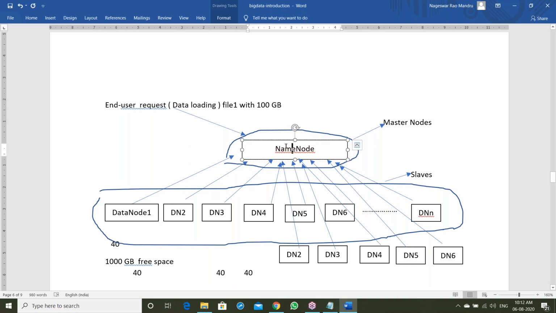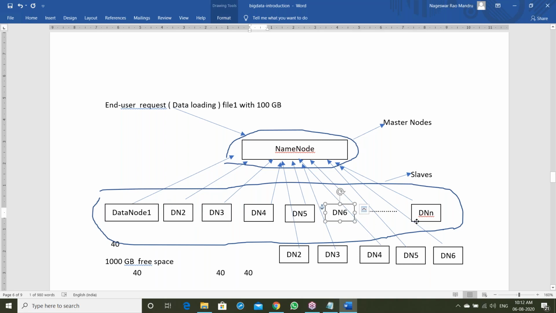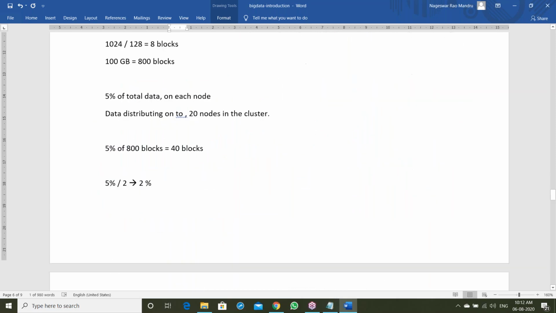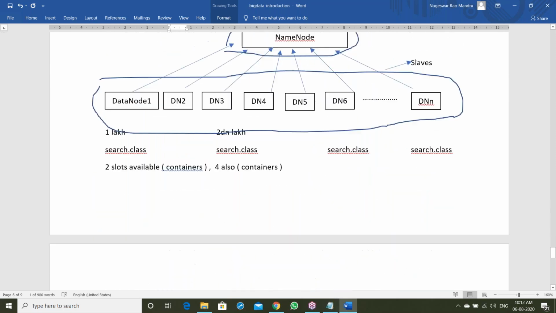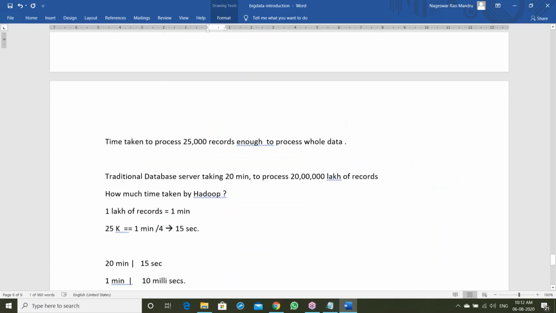The name node takes your data and distributes it onto multiple nodes in the cluster. While processing, multiple nodes, node 1, node 2, and so on, will process the same data.